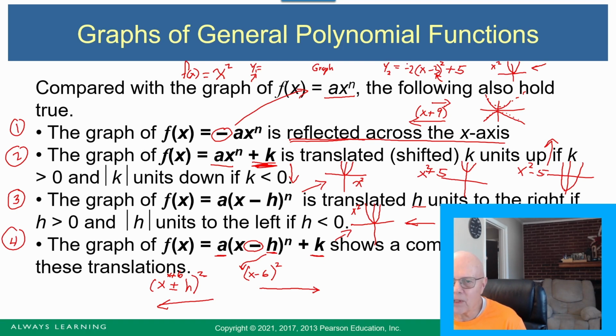You've got several different things that can happen. You could have a minus or a plus here. This could be greater than 1 or less than 1. This will move the basic function left or right, and this moves the basic function up or down.